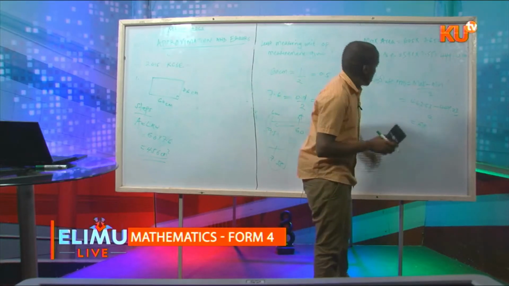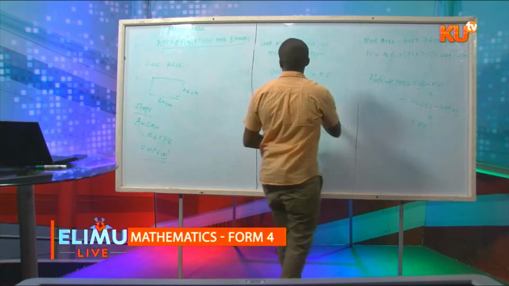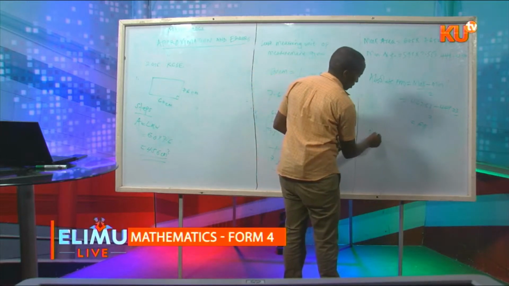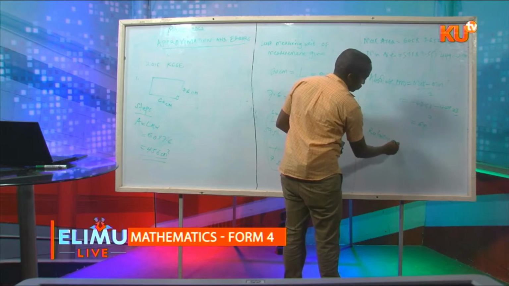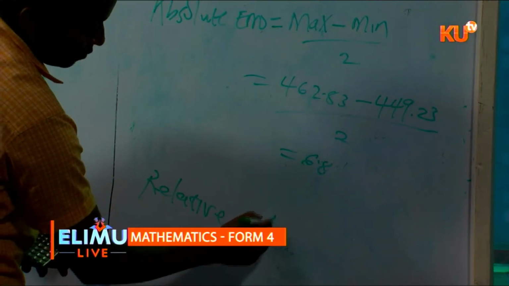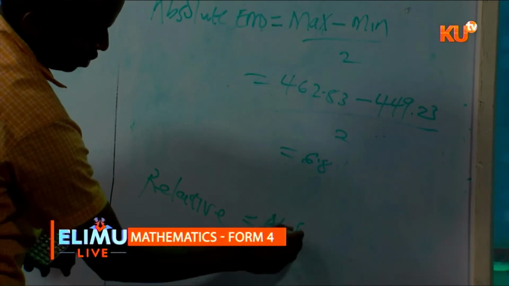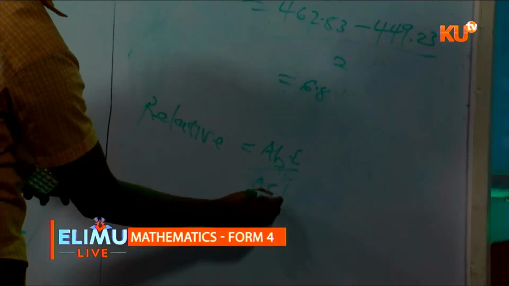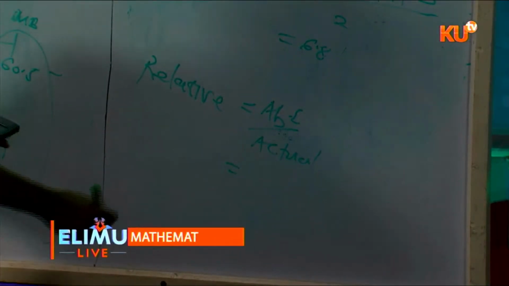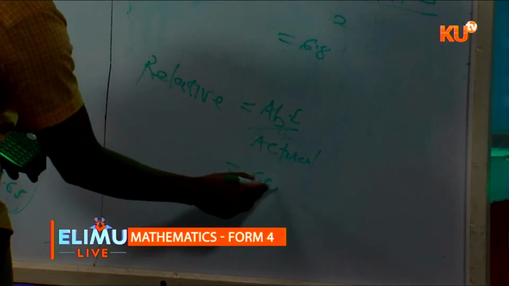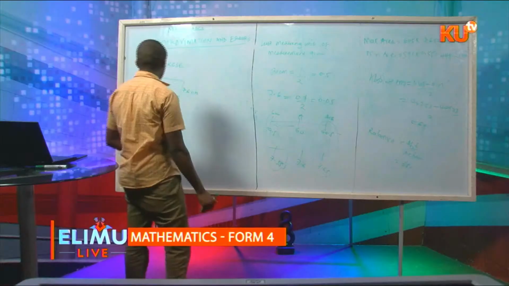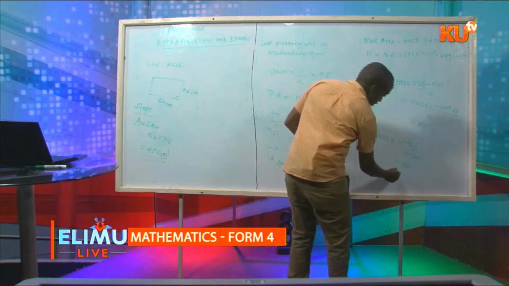So our question was to get the relative error that was there in 2015. Relative error is equal to absolute error divided by actual. So the absolute error is 6.8 divided by the actual area. The actual area was 456.